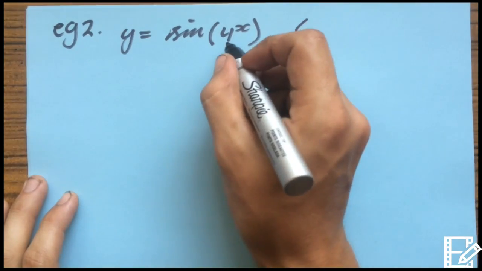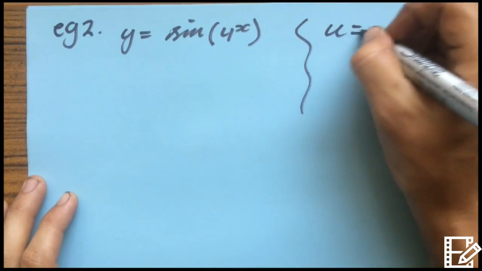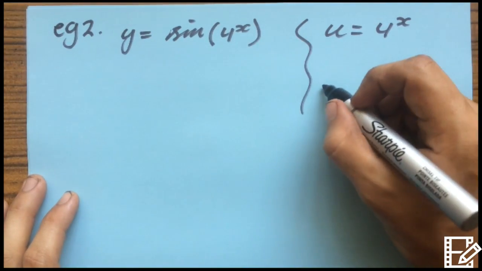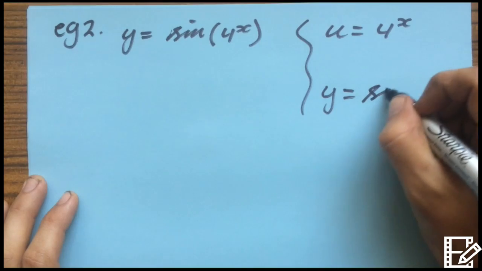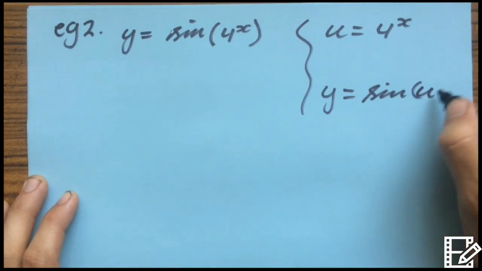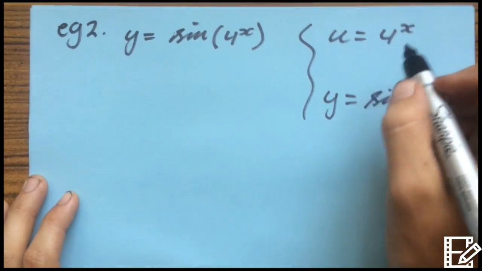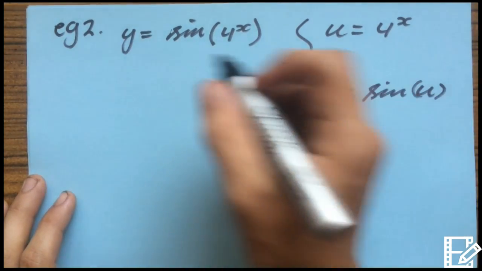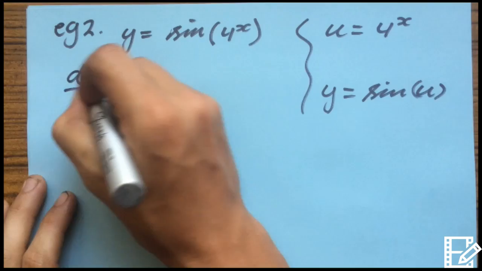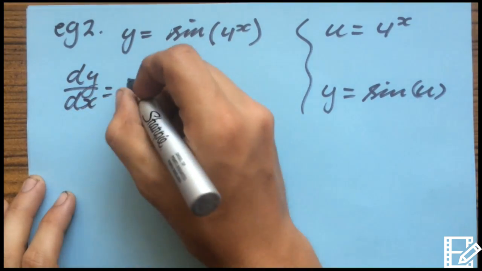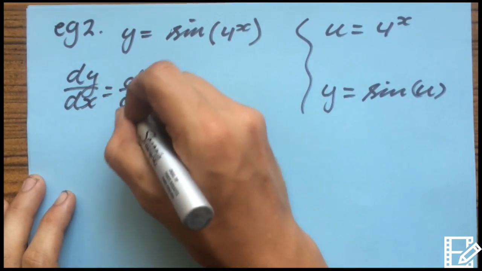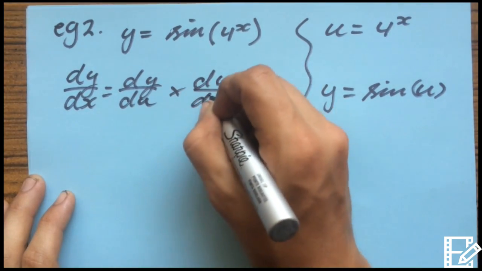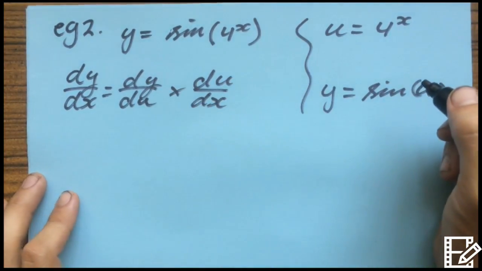So u will make 4x because that's the innermost function, and we'll make y sine of u. So we have a function within a function. Okay, so to derive this, we need to find the derivative of y with respect to u and multiply that by the derivative of u with respect to x.